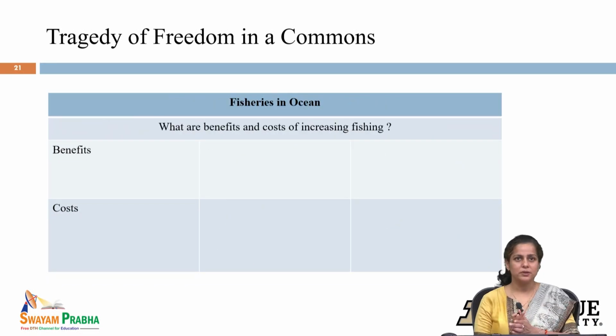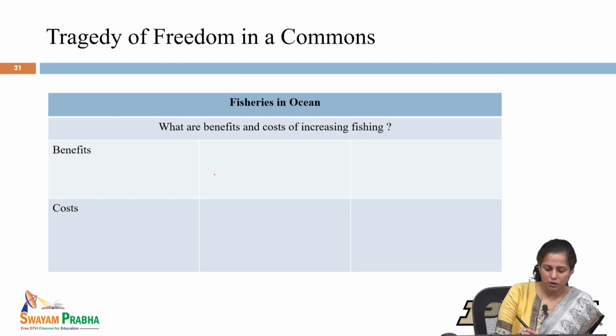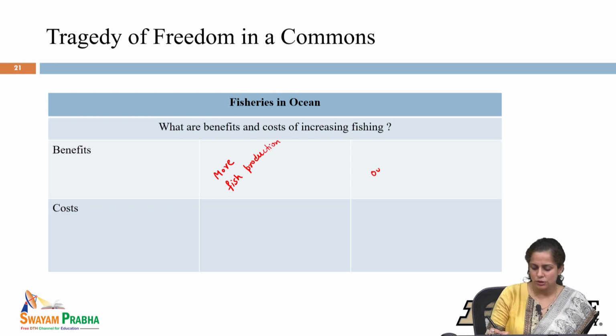Another similar example is fisheries in ocean. So what happens is that when fishermen fish, they can keep on extracting more and more. So let's say a fisherman gets a new fleet of boats, they will get the benefit of more fish production. And the benefit is going to the owner of the new fleet.